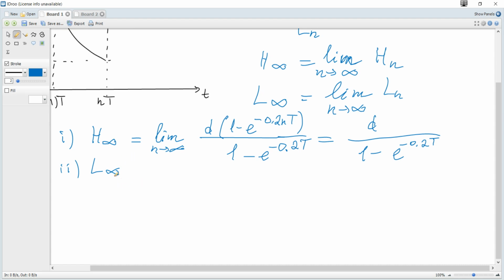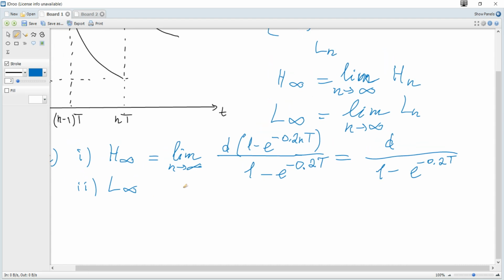And L infinity is the lowest possible concentration after a long period of time.